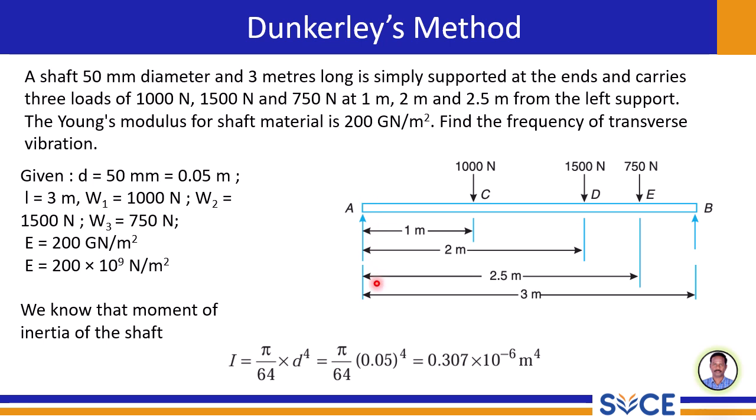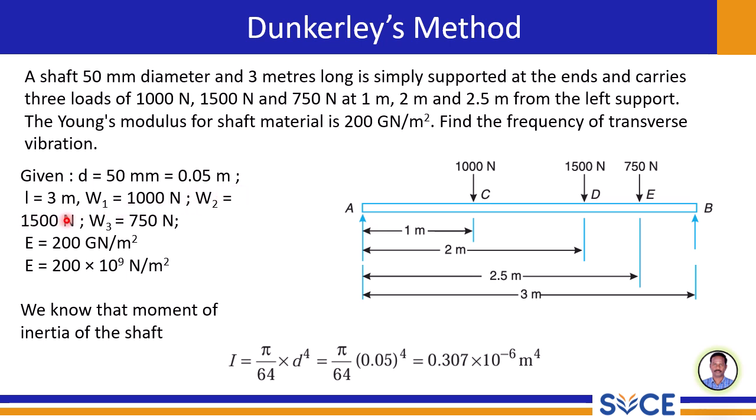The Young's modulus for the shaft material is 200 giganewton per meter square. Our task is to find the frequency of transverse vibration of this shaft. As per the given data, we can write small d equal to 50 mm, that is 0.05 meter.